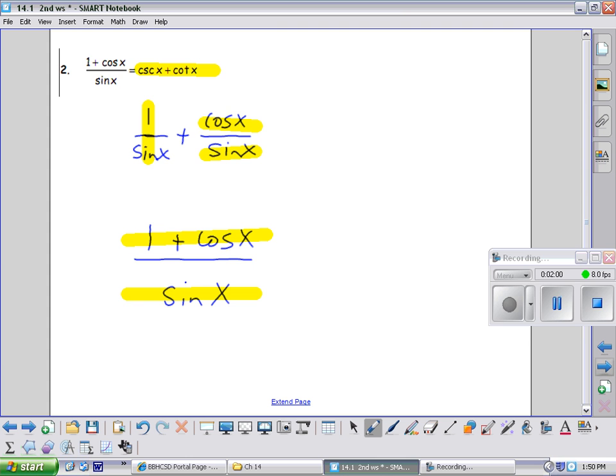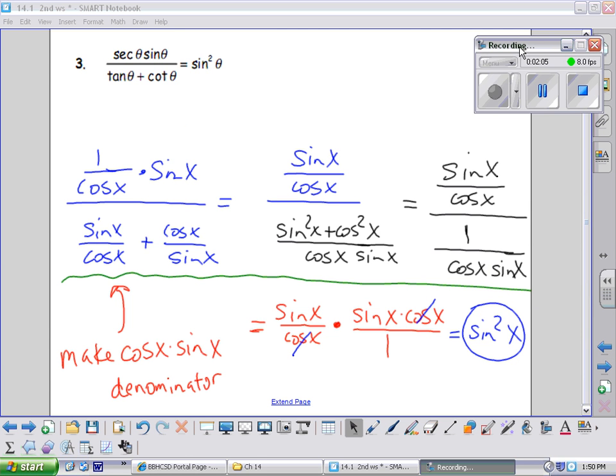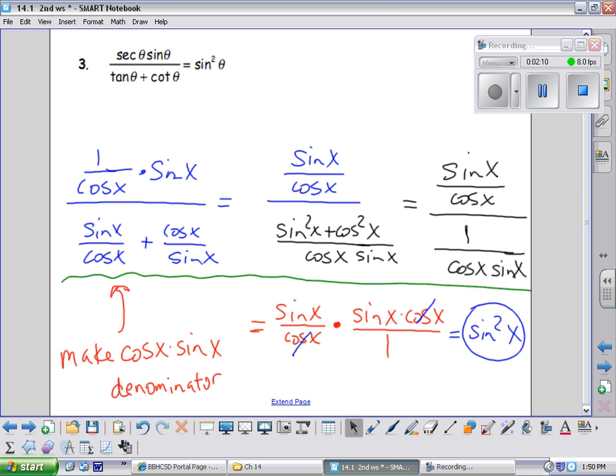Okay, let's go to number 3, one of the tough ones. For number 3, I'm going to start with the left-hand side and rewrite everything. 1 over cosine for secant on the top, and the bottom, I'm just going to write in terms of sines and cosines. Now I want to make the common denominator here of cosine and sine. How do I do that?